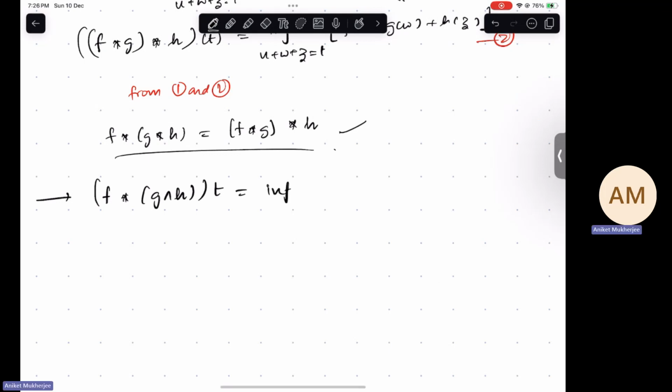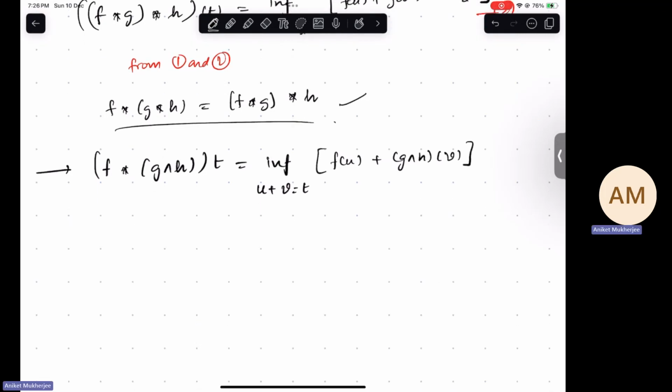So again from the first we have the infimum over u plus v equal to t of f of u plus the minimum of g and h at v.